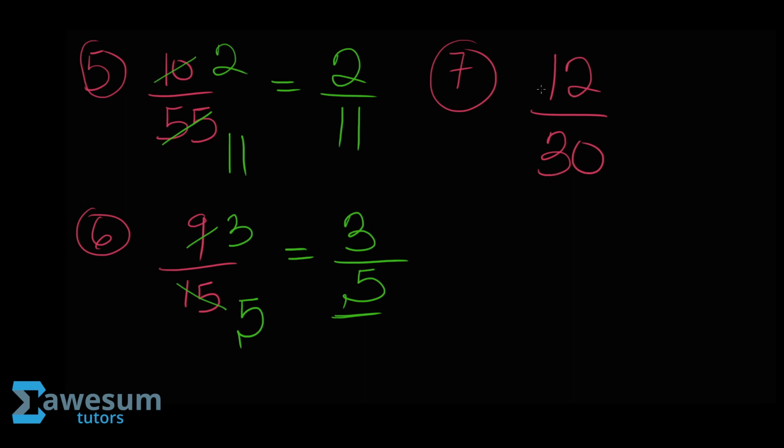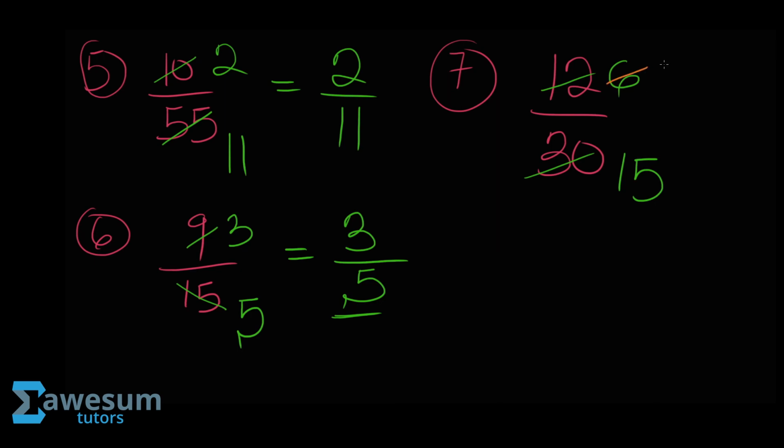So I would say 2 in 12 is 6. 2 in 30 is 15. All right, we have 6, we have 15. Taking a look at the number in the numerator and the number in the denominator, 3 can divide both of them.